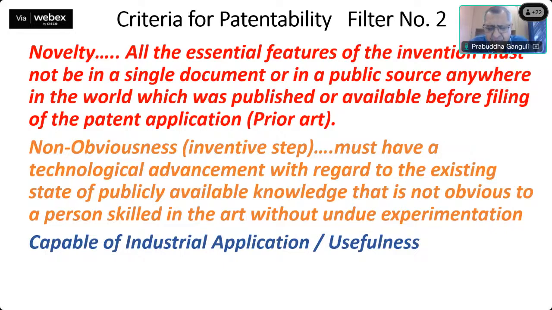No. You have to use 3 documents to show all my features. That is not acceptable; you have to find only one document. Clear? That is the test of novelty, in very, very simple terms.